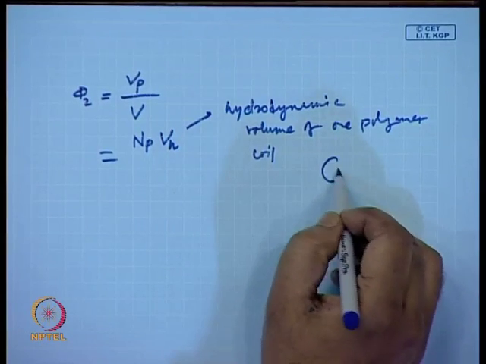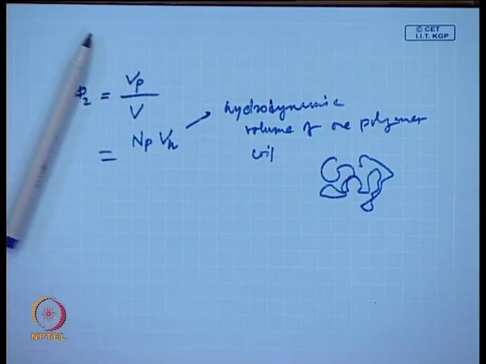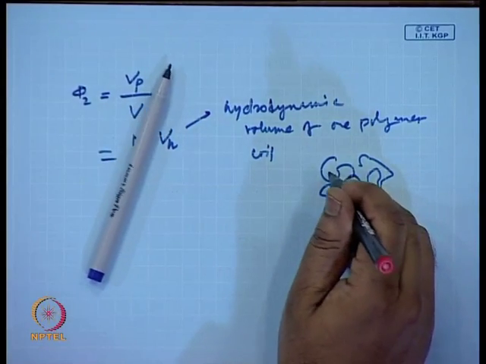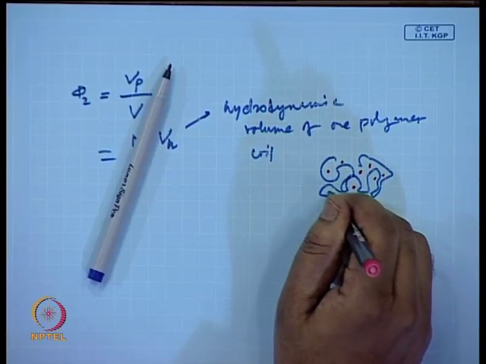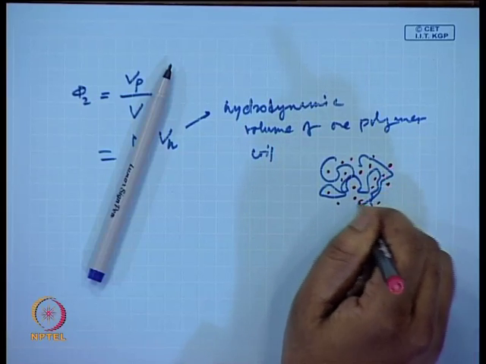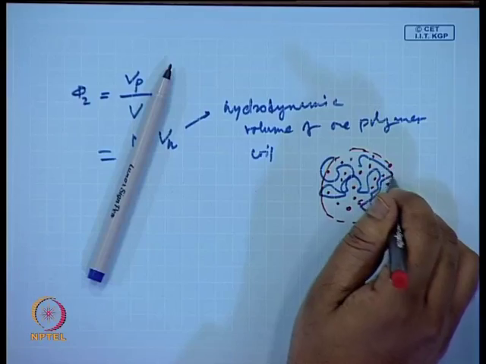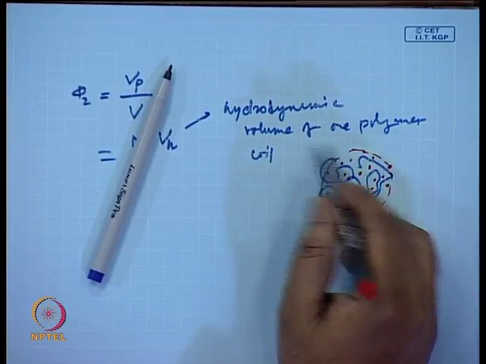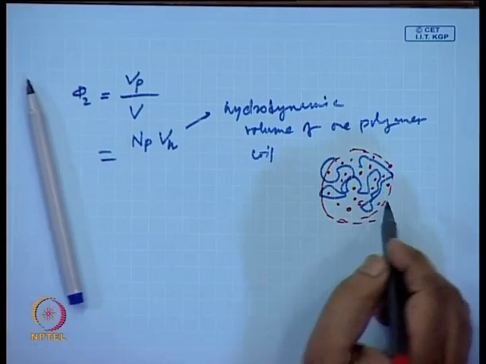It is basically the sphere which I showed earlier, the polymer chain plus the solvent molecules which move along with the polymer coil, and you can imagine an equivalent sphere. So VH is the volume of that sphere.